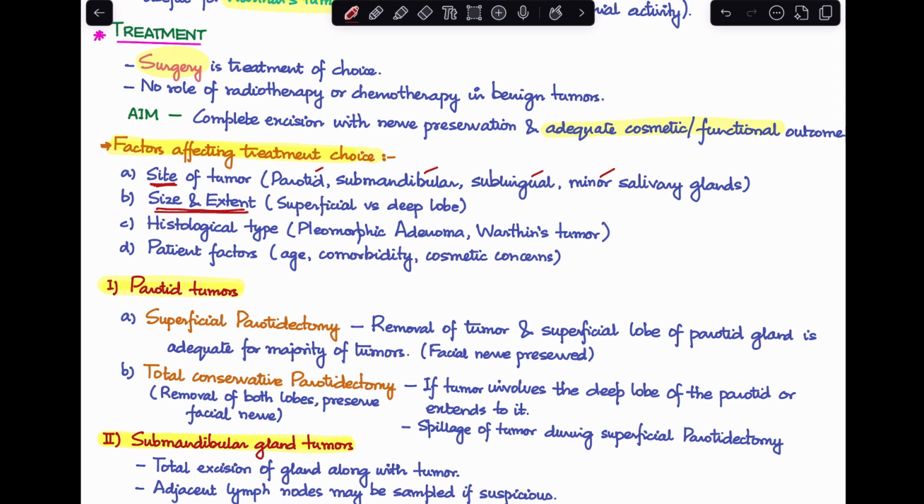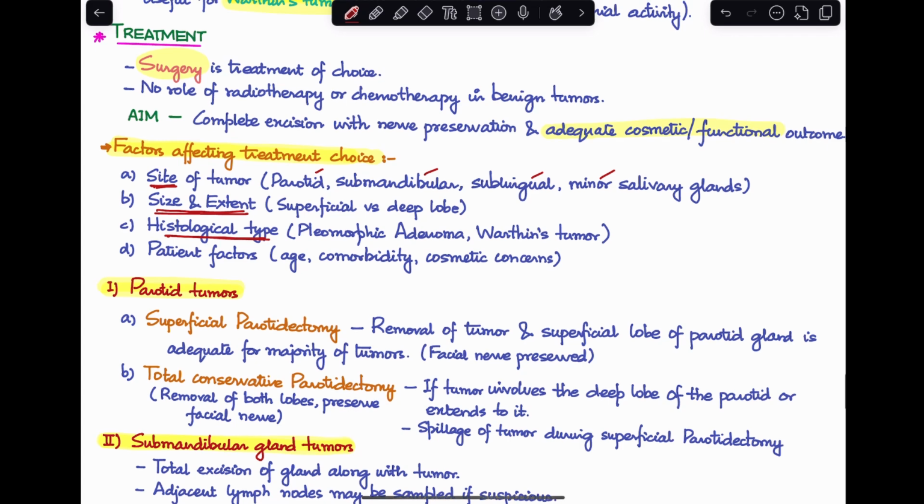If it has involved the parotid, has it involved the superficial lobe or has it also involved the deep lobe? The treatment will differ in that case. Third is the histological type, meaning is it a pleomorphic adenoma or Warthin's tumor or any other tumor? And last of all are patient factors, which can be the age of the patient, the comorbidity of the patient, any cosmetic concerns. So these are all the factors which affect the treatment choice.